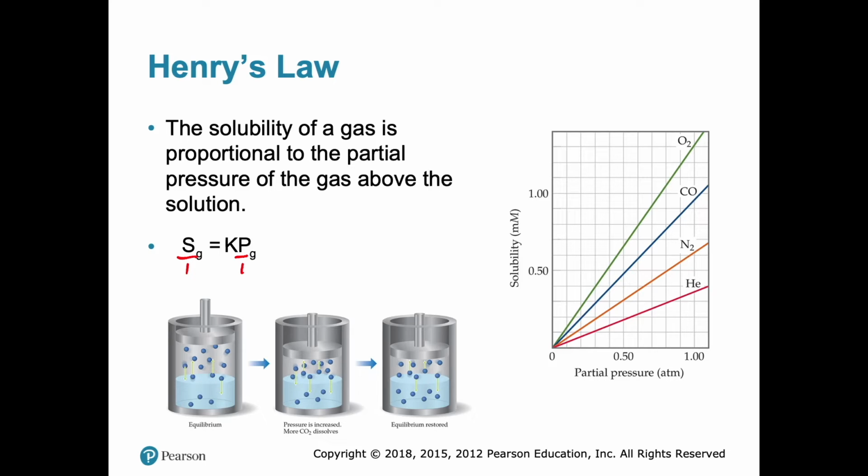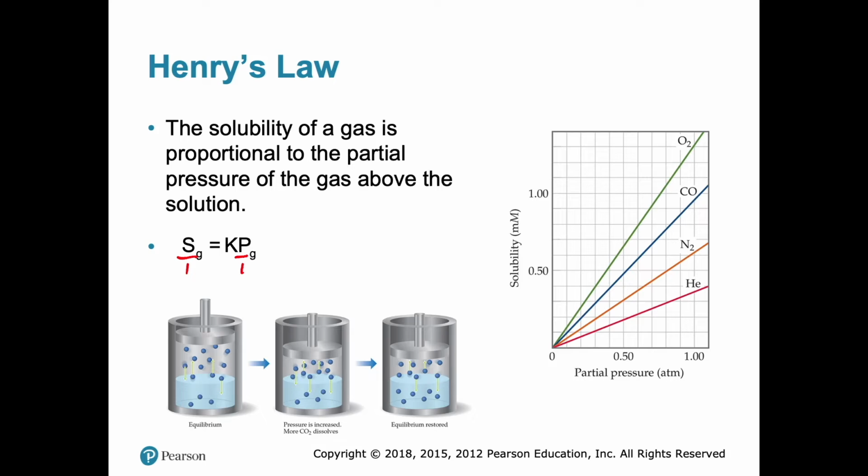So thinking about this conceptually, and you've seen this slide already before, when you have normal pressure above the solution, the gases are passing back and forth. That's called equilibrium, when the rate of gas being dissolved is the same as the rate of gas not being dissolved.